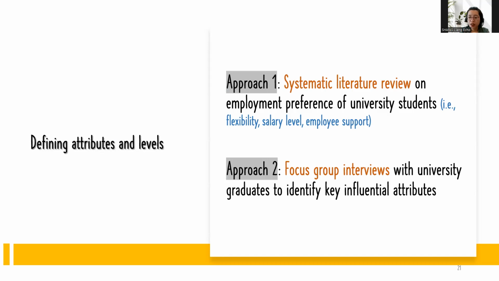For example, to identify which factors are influential to university graduates when they make their job decisions, we can conduct a focus group interview or in-depth or semi-structured interviews with university graduates to further understand their considerations, what they value, their attitudes, and their opinions about looking for their first jobs. After collecting important insights from these different approaches, we will then be able to identify the most relevant and important attributes and their corresponding levels.